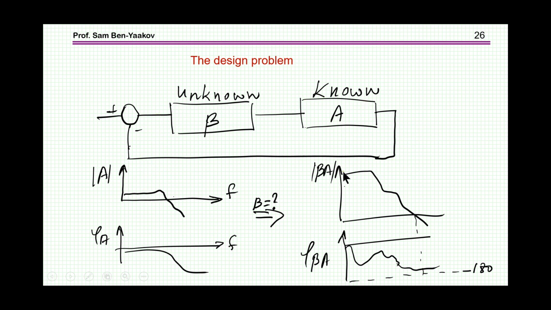I mean, the loop gain will be such that this will go up because I need a high gain. And when it crosses the 0 dB, I'll have a decent phase margin, so the system will behave properly. So this is the objective here. And what I've shown are the very basic concepts and ideas so that we can move ahead and see how we can actually realize the controller that will take this, bring it to here with this requirement.